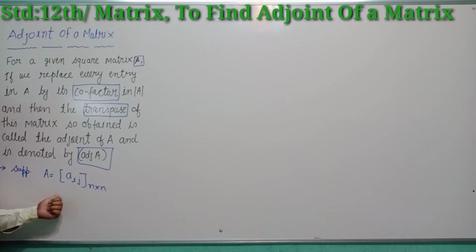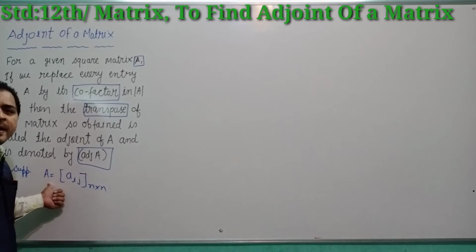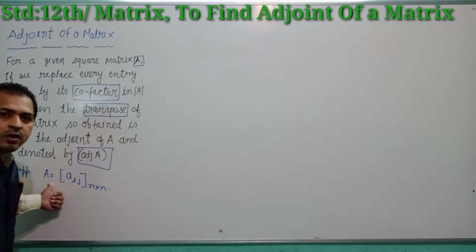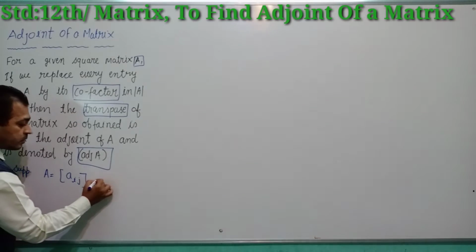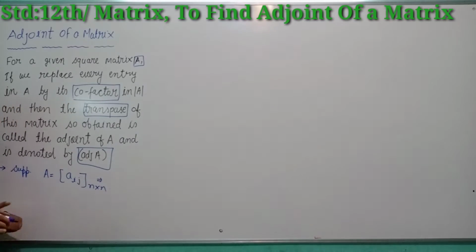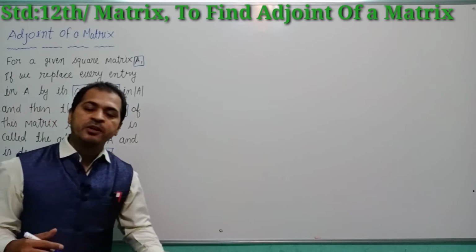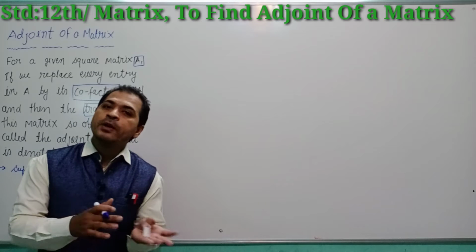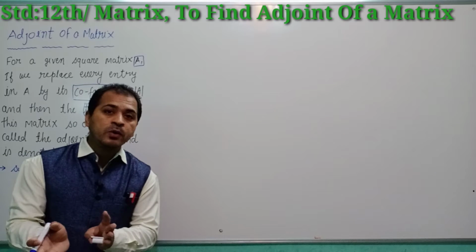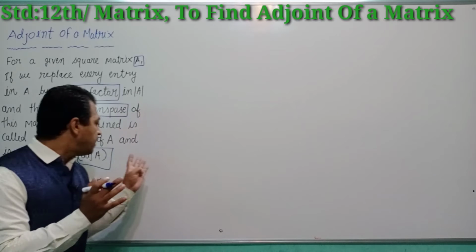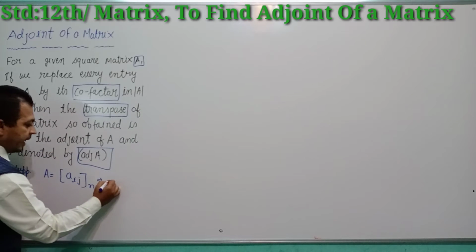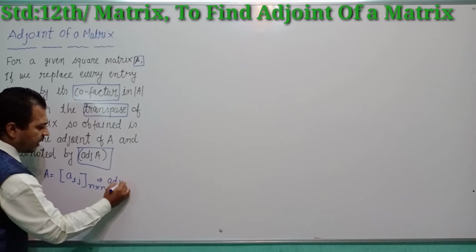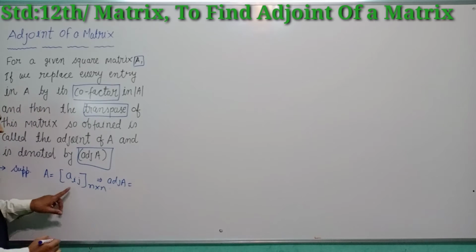You want to find the transpose of matrix A. In the previous video lecture you learned that transposing means converting rows into columns. And here you want to find adjoint A.